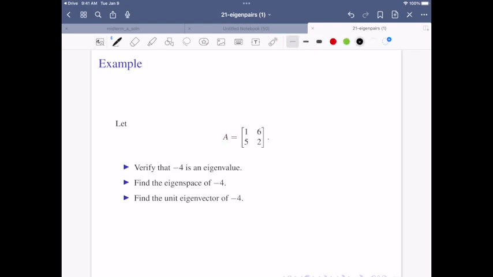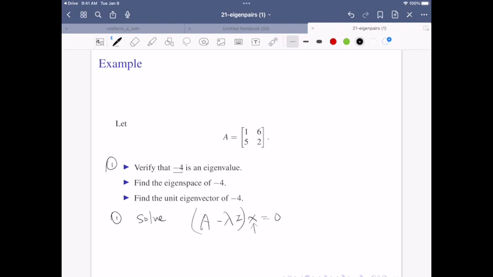To do that, you want to solve a homogeneous equation (A minus lambda I) x equals 0. Of course x equals 0 is a solution, but this is a trivial solution. If there is a non-trivial solution, then x is an eigenvector, and -4 is an eigenvalue.